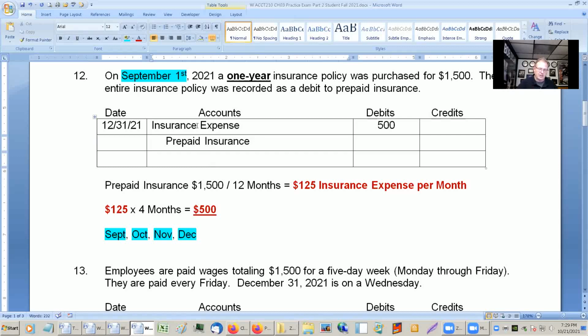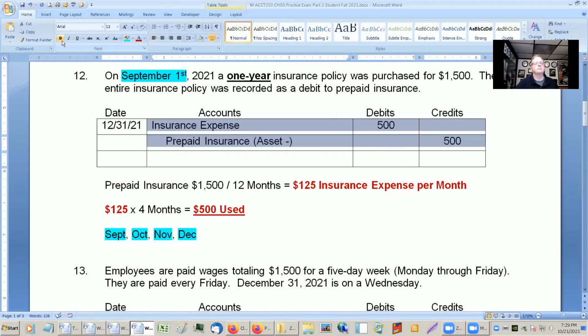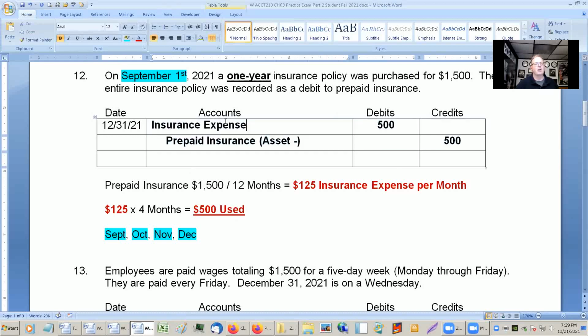Yep, but the journal entry is going to be for what was used. Just remember that. So this is what was used of the insurance. So the prepaid insurance will be the credit for 500, and this will be reducing that asset.